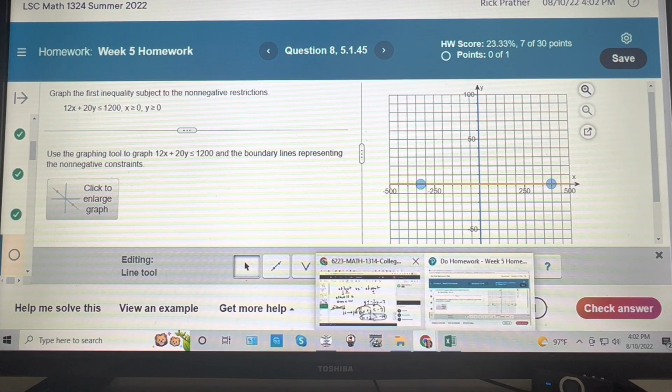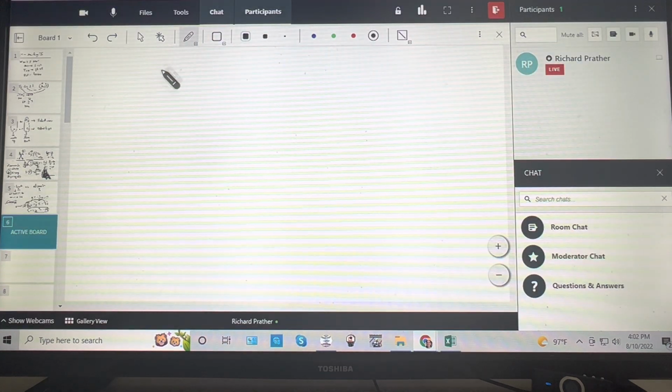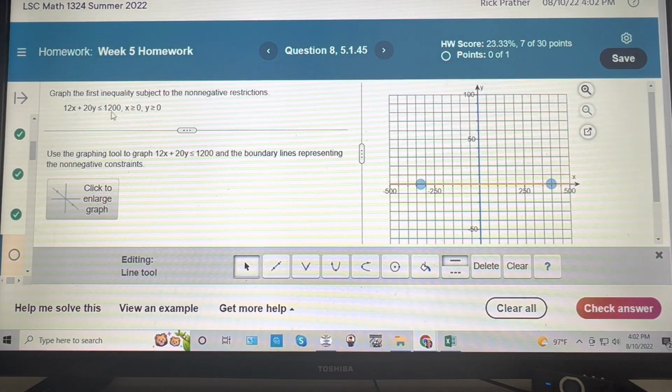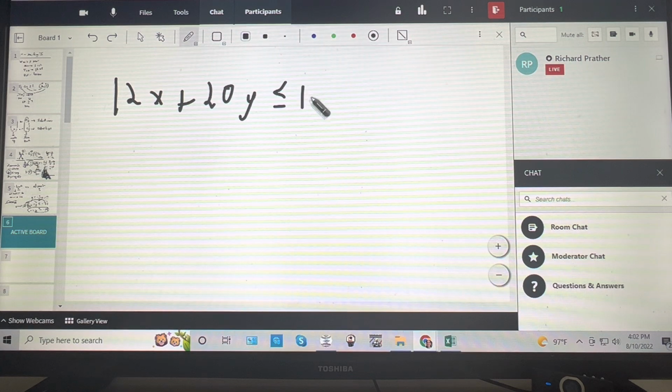And then, because these numbers are so large, I'm going to try the intercept method here. 12x plus 20y is less than or equal to 1200. So if I put 0 in for y, I'm going to get the x-intercept if it comes out exactly. So 12x, and you can ignore the less than for a minute, 12x equals 1200.